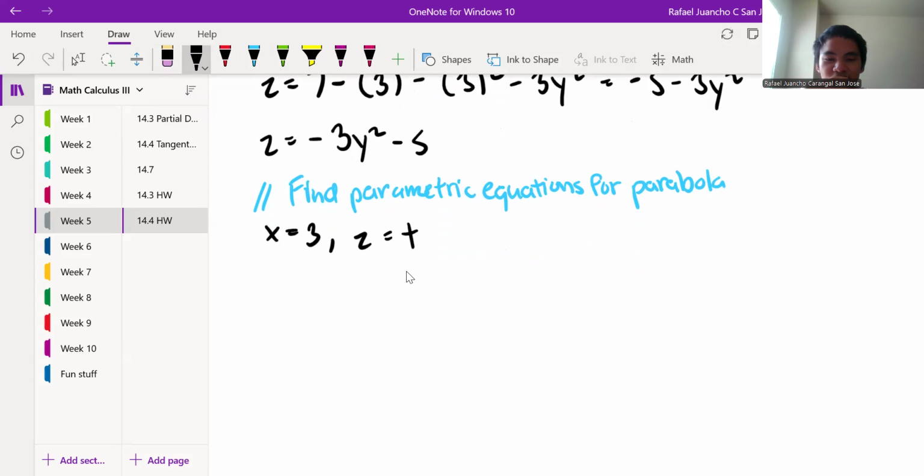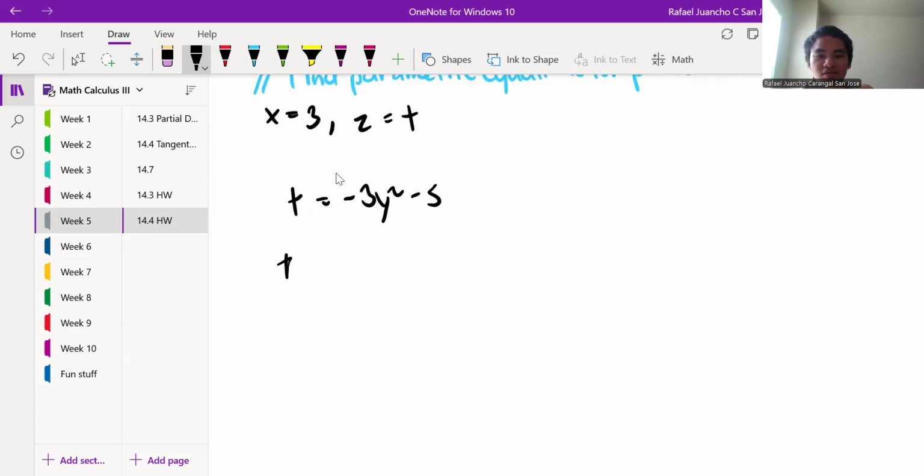Yeah, that's one thing, because I have a y squared. So that's an issue. If I parameterize z as t, now I have this. Then I just isolate, right?